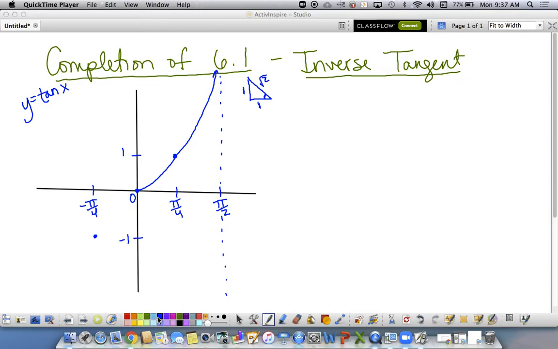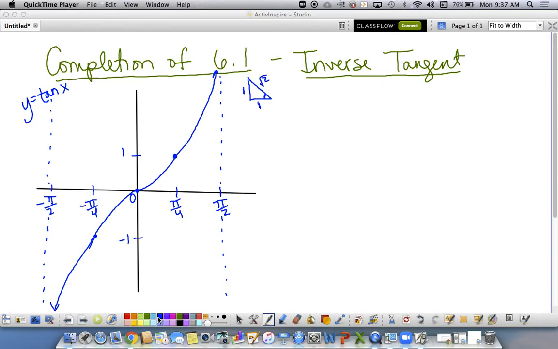Okay, what about negative 90? Negative pi over 2. Okay, it's going to be the same thing. Yep, it's undefined. There's that asymptote at negative 90 degrees. We're going slow, then we're going really fast, approaching 90 degrees and negative 90 degrees.